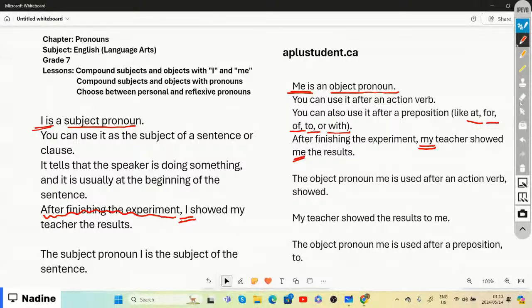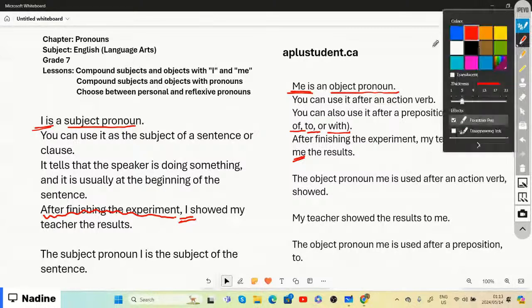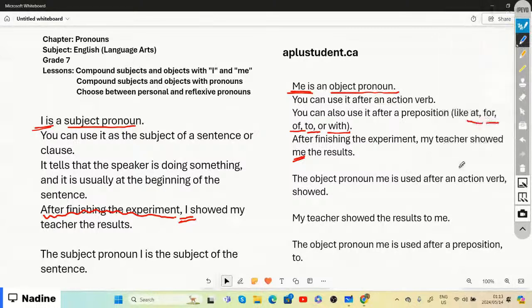As we can see, the word me comes after our action verb, which is showed. So who did the teacher show the results? The teacher showed me the results.